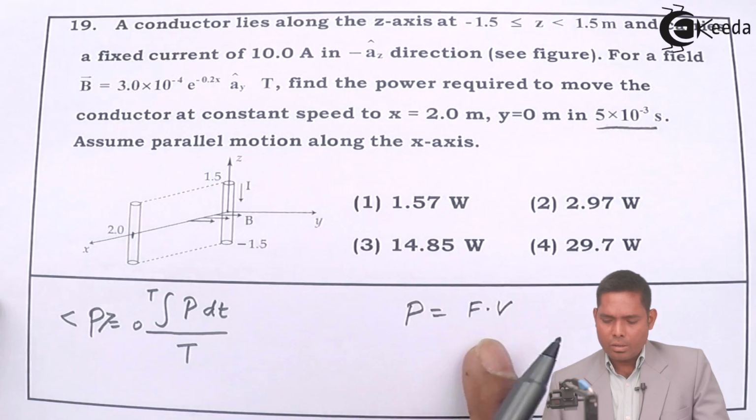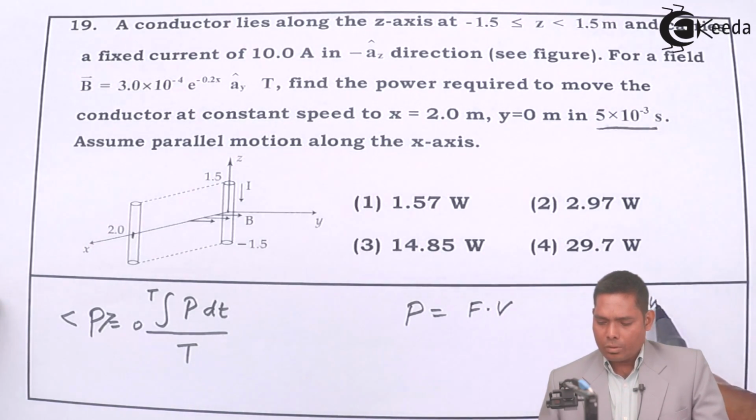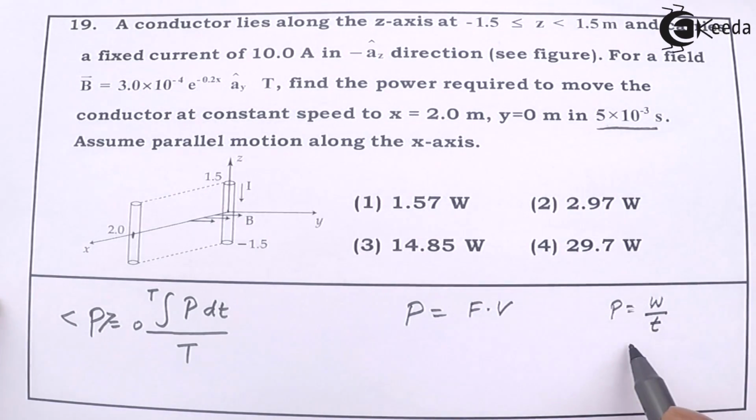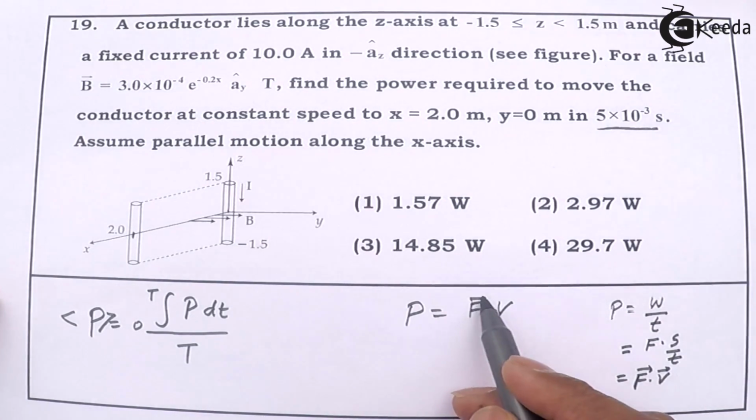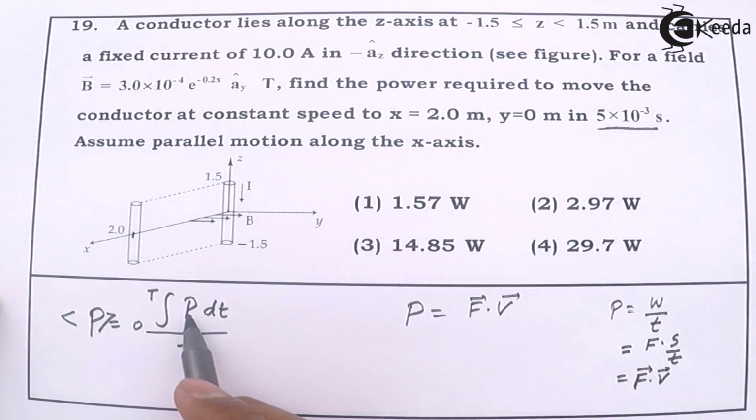That is okay, because power is work done by time taken, and work done is force and displacement in the line of displacement, the dot product, divided by t. S by t becomes velocity, so it is the dot product of two vectors, F dot v. So this F dot v you can put here.